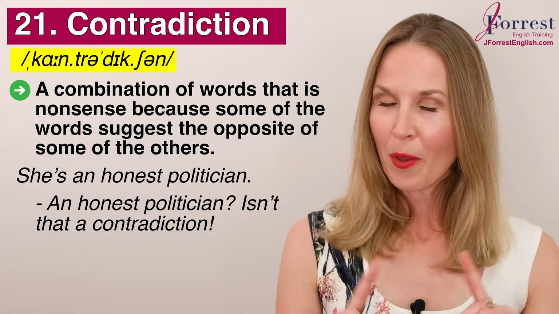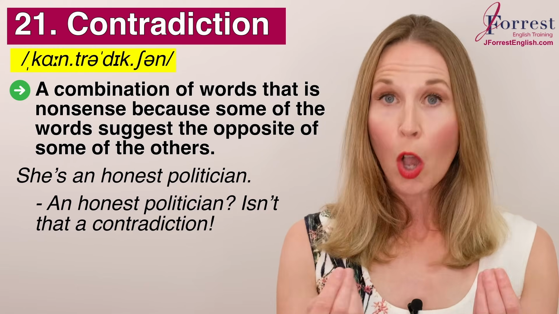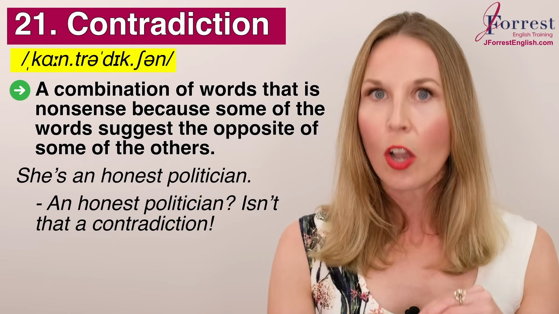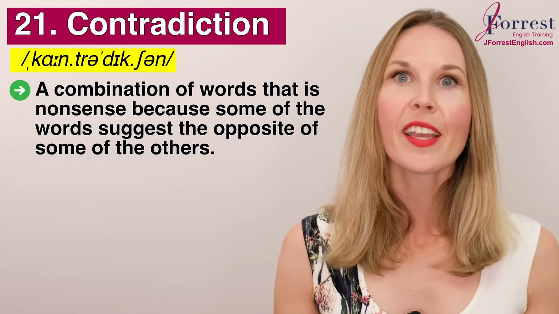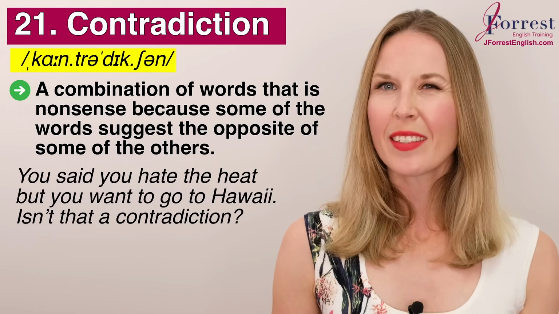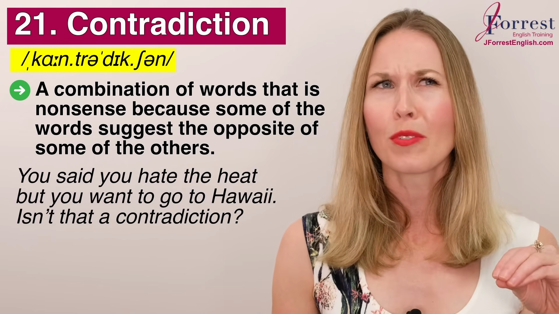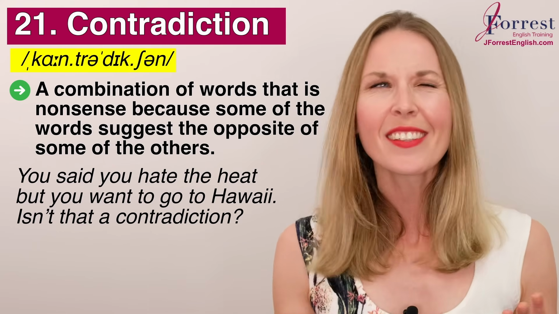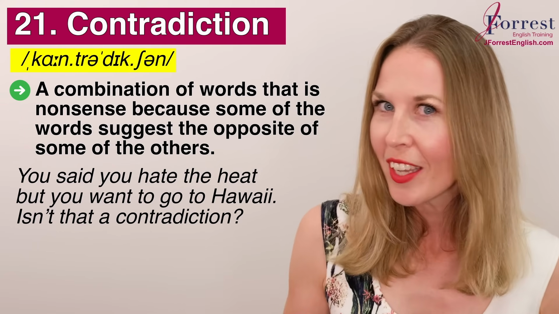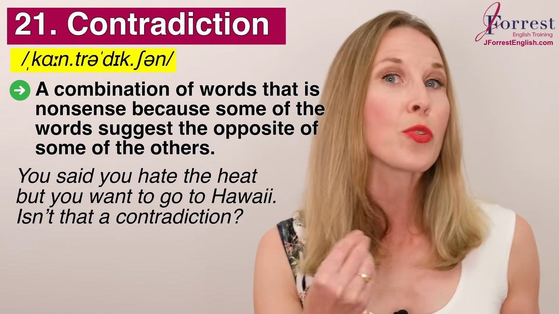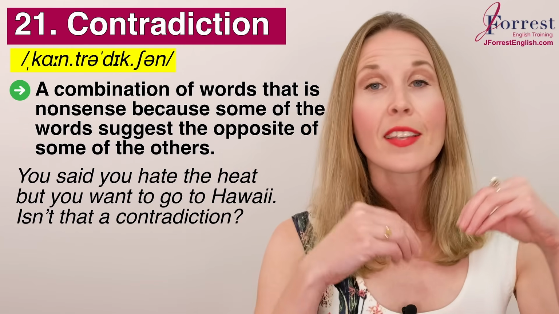So some people might say that the combination of words, an honest politician, is a contradiction. Here's an everyday example. You said you hate the heat, but you want to go to Hawaii. Isn't that a contradiction? Because Hawaii is very hot, but you just said you hate the heat. So that's a contradiction. Great job.